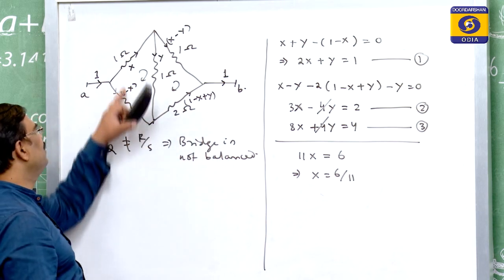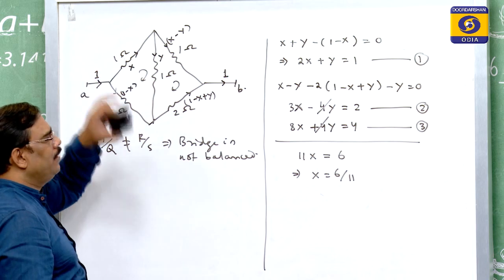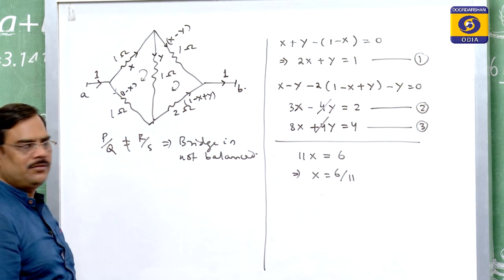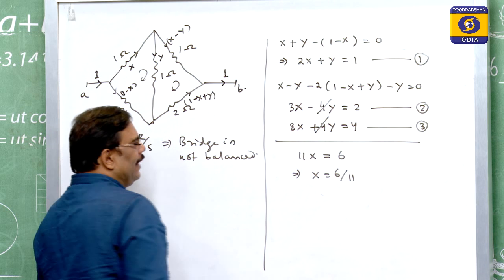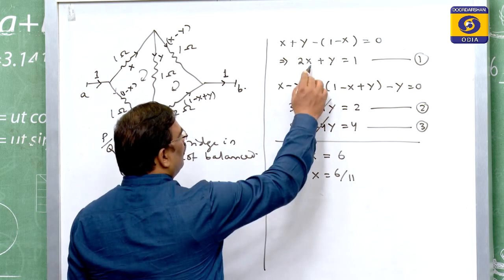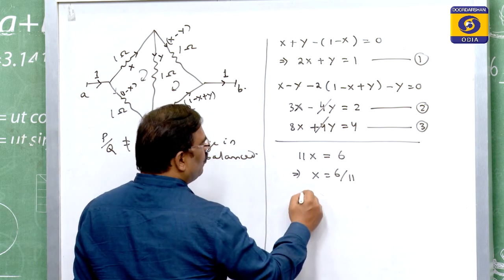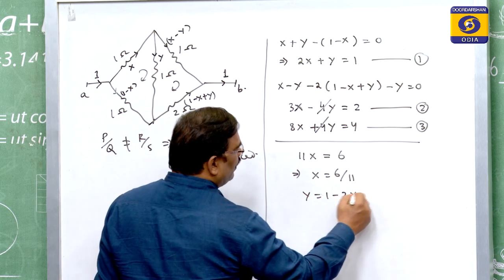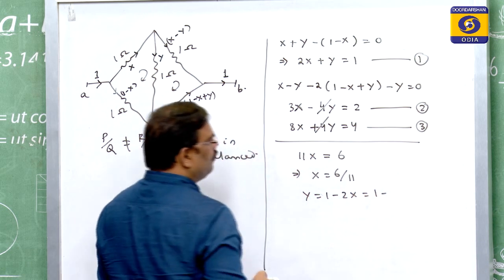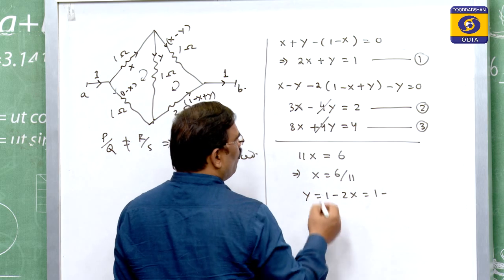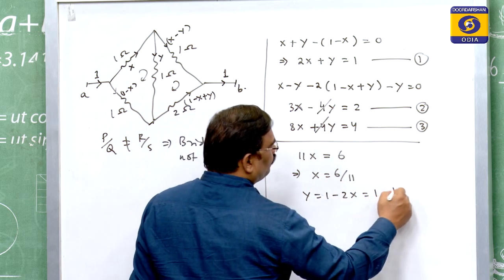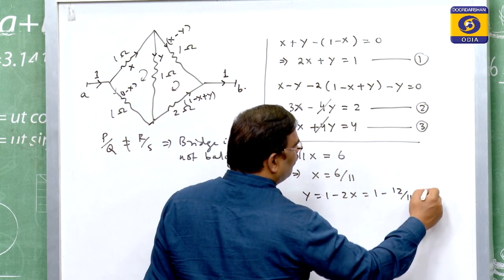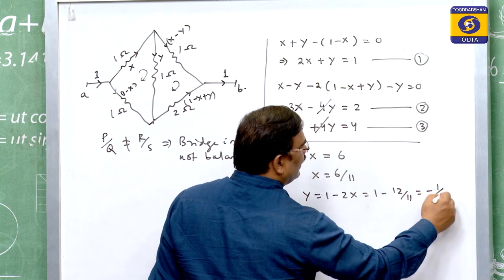What is X? X is the current flowing through this branch of the unbalanced Wheatstone's bridge. So, if X equals 6 by 11, then what is Y? Y is 1 minus 2X. 2X is 12 by 11. So, it is minus 1 by 11.